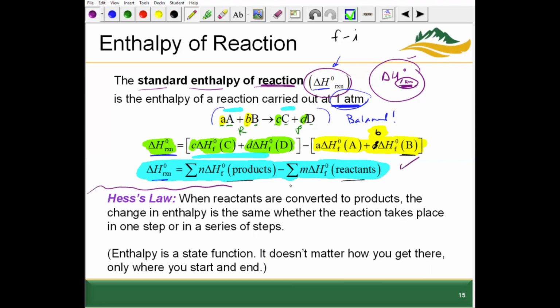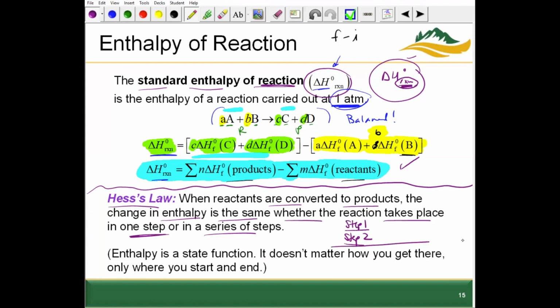Let's come back to Hess's law for a second. Hess's law: when reactants are converted to products, the change in enthalpy is the same whether the reaction takes place in one step or in a series of steps. So if we had the enthalpy associated with step 1, for example, and step 2, we could add these two together to then ultimately get the standard enthalpy of the reaction.